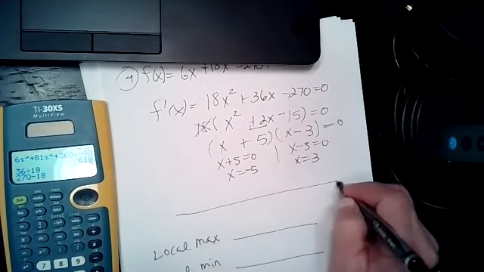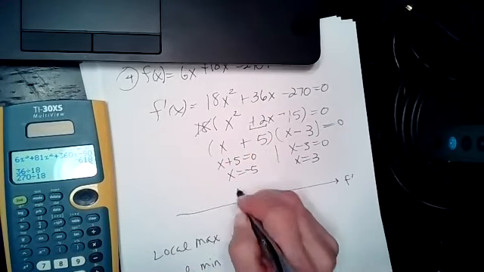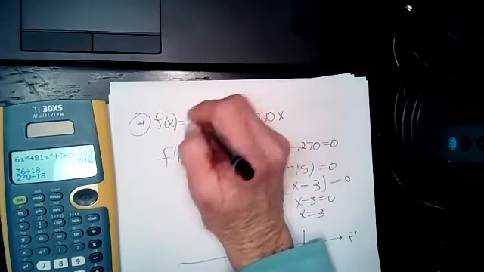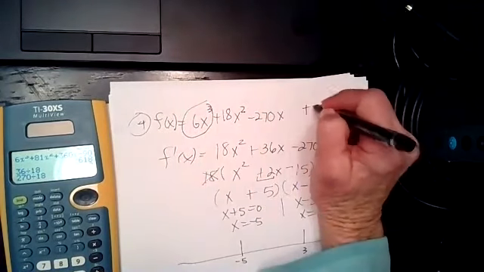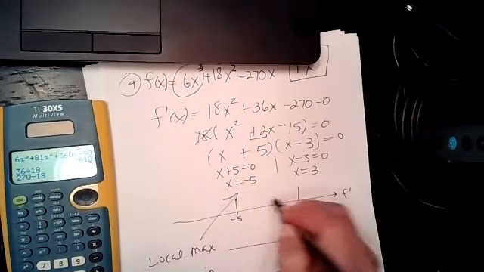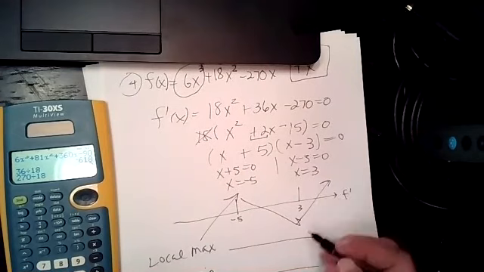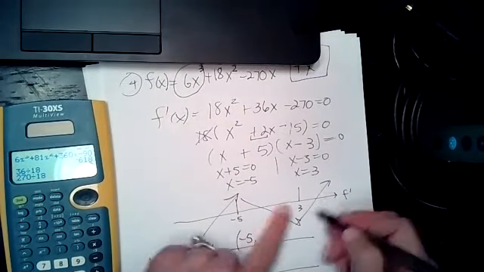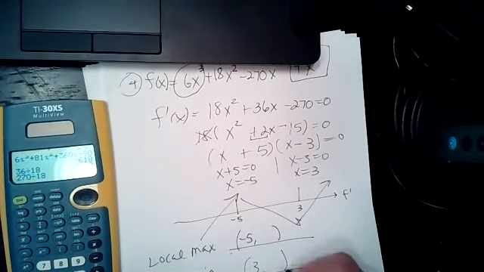So I make my first derivative sign chart with negative 5 and 3. And since my original function is a positive x cubed, I know that it goes up, down, up. So I have a local max at negative 5 something and a local min at 3 something.